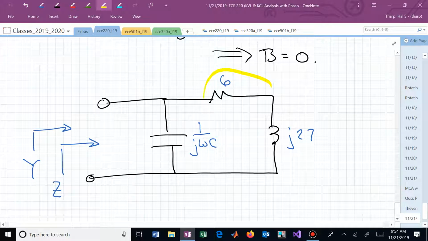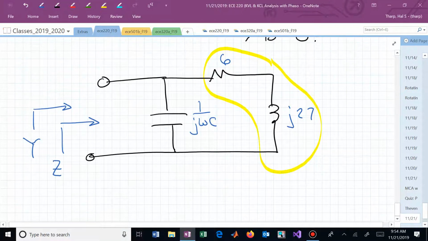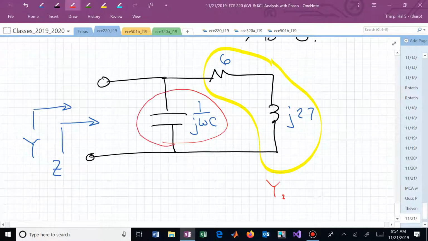Now I'm saying let's combine these into a single impedance or admittance. Let's call this Y2, and this piece let's call Y1, and now we can combine those. Since they're in parallel, we can just add Y1 to Y2. And it might be easier to add versus trying to multiply and divide all of these crazy complex numbers.